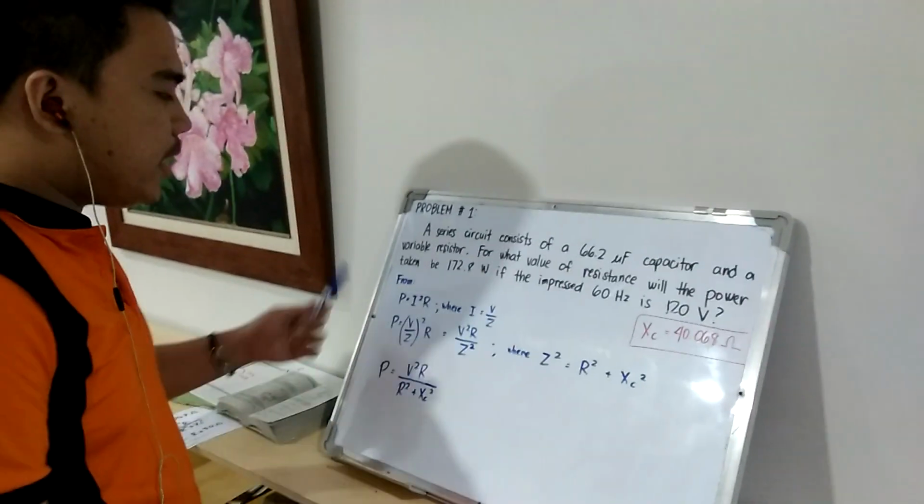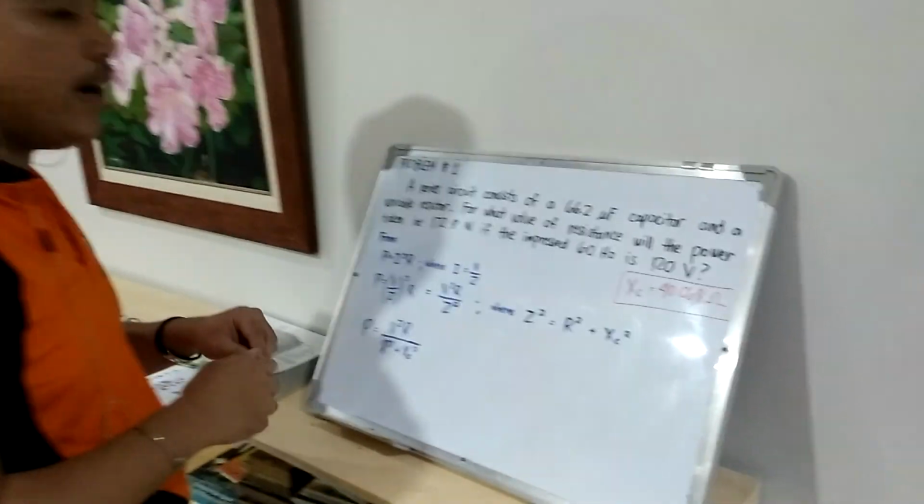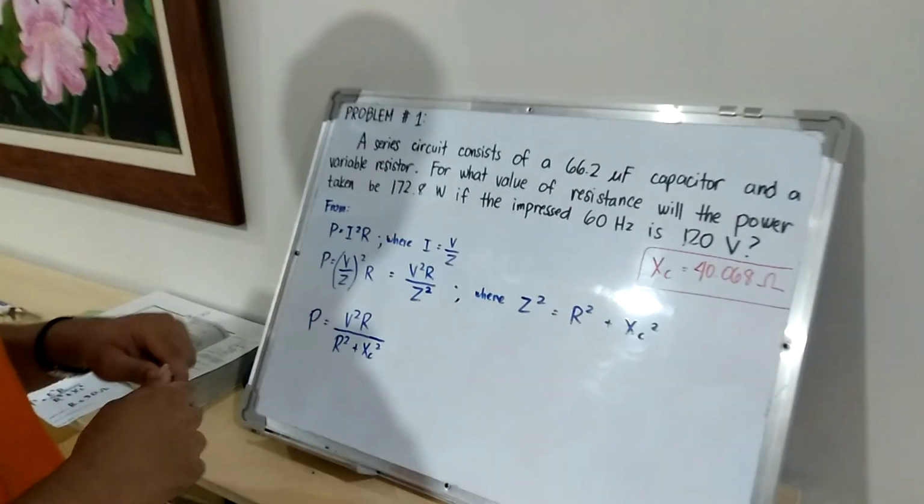From the power equation, P is equal to I squared R, we can now find the resistance.